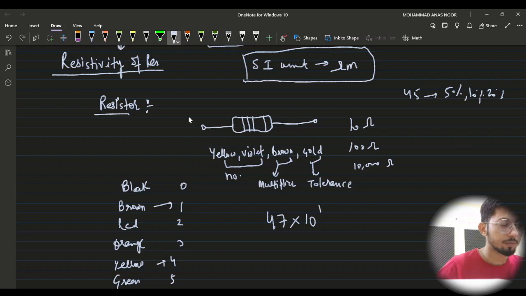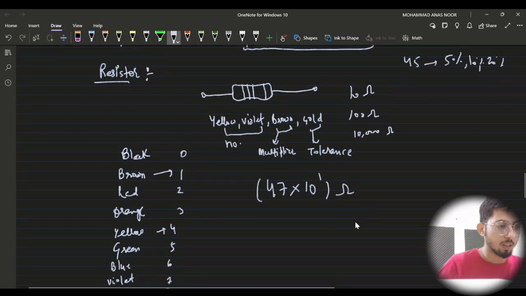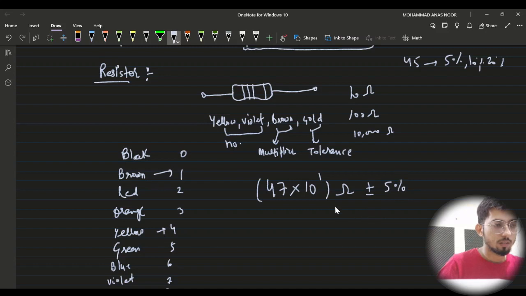So if it is gold, this is ohms. Now when it is gold, the fourth color says that this will have a tolerance of plus minus 5%. That means that originally this should be 470 ohms, because if you solve it, it's 470.